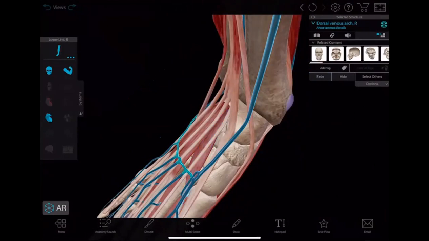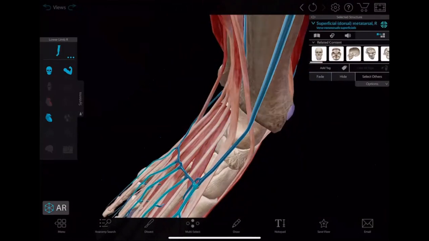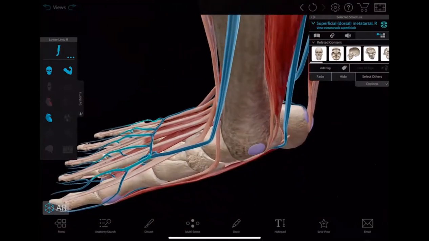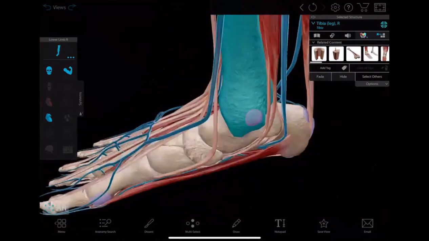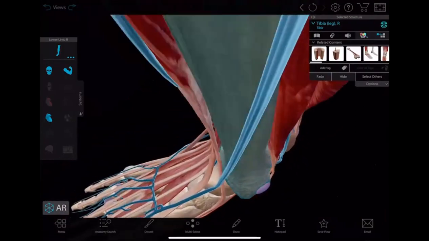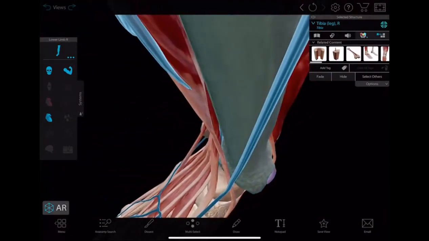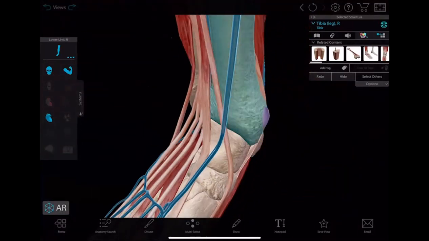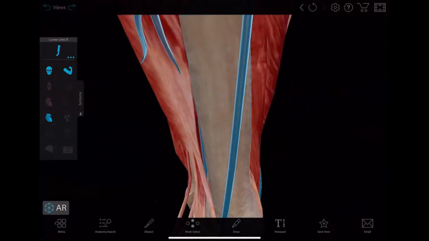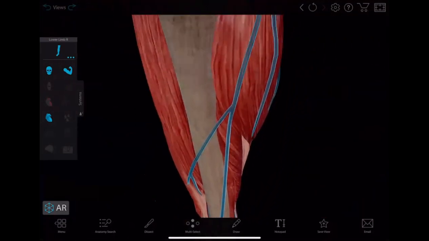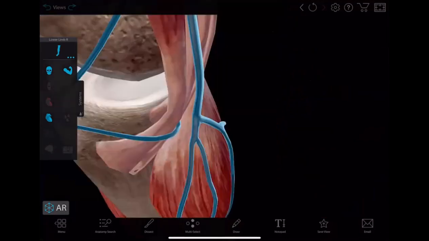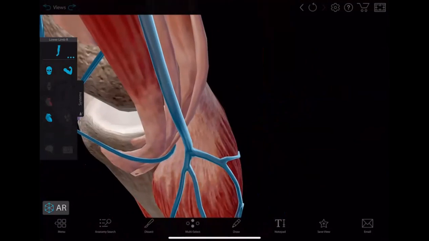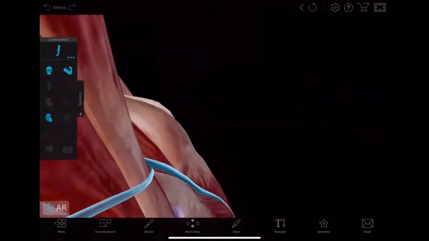This is the arch, right? From the medial end of the arch arises the great saphenous vein, right? This is the medial malleolus, right? And it is going along the medial aspect of the tibia, right? That is the great saphenous vein. Medial aspect of the tibia, and crossing somewhat posteromedial to the knee joint.